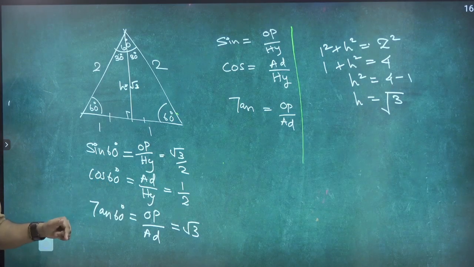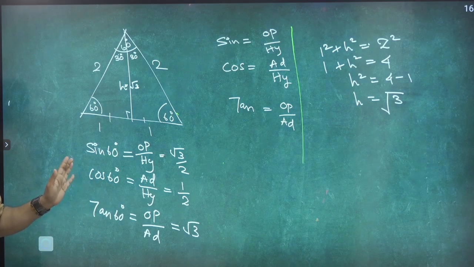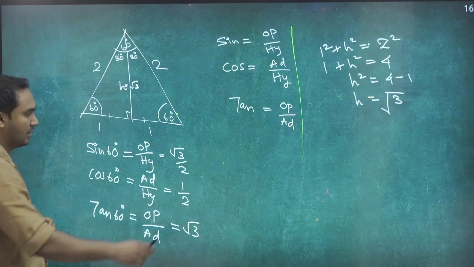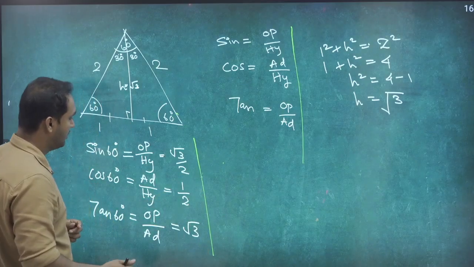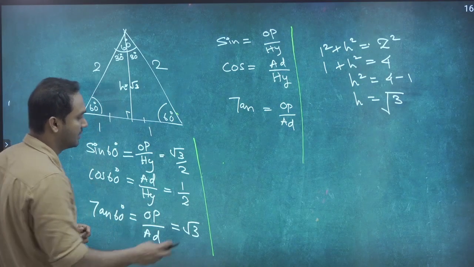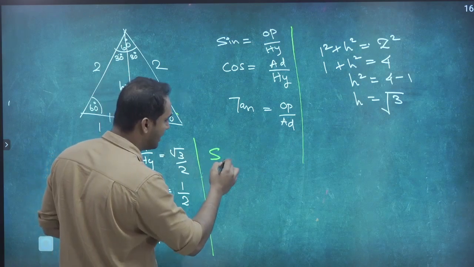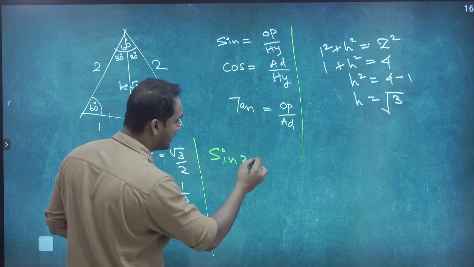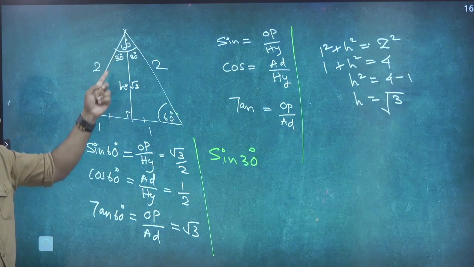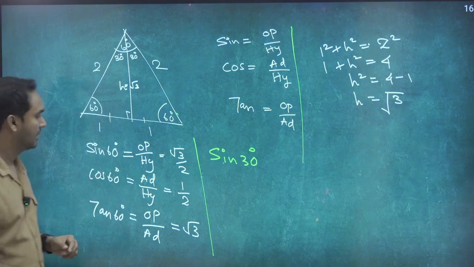Now the next thing, we are going to find the sine, cos, tan values for 30 degrees. First thing is sine 30. Now I am considering this angle. Sine is opposite over hypotenuse.